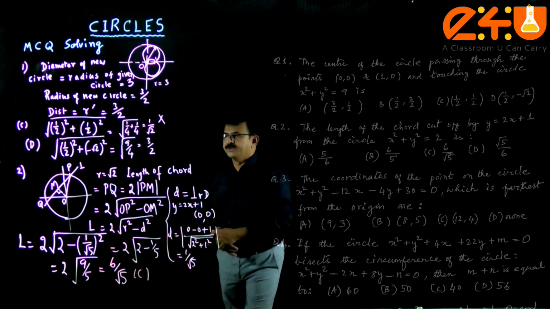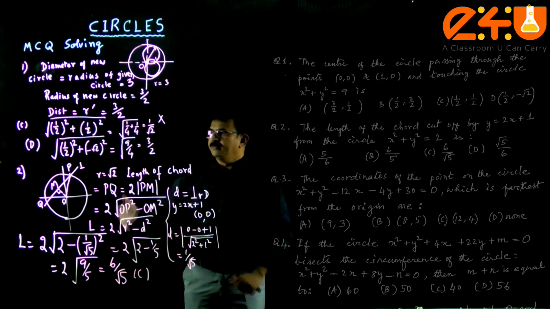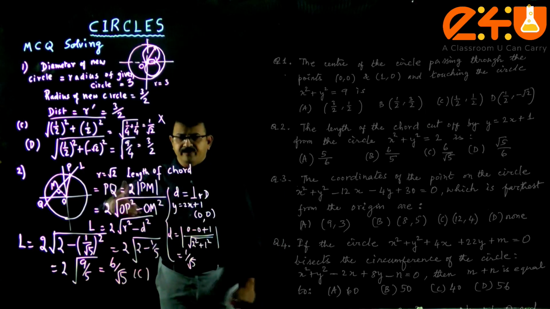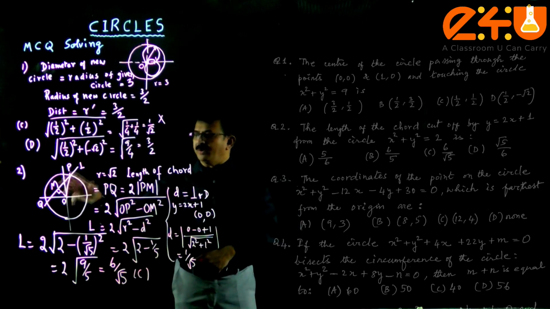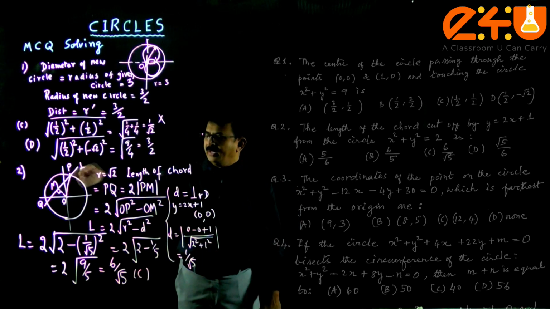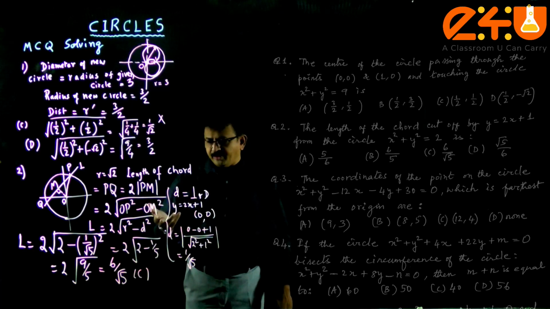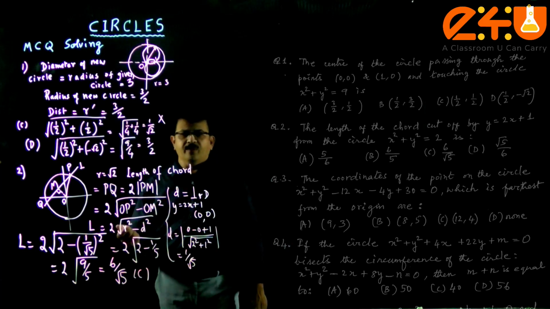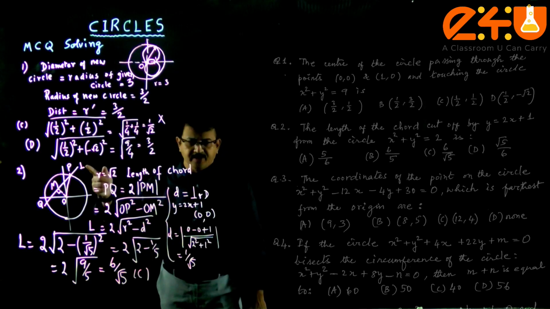All right, so as you can see, the first time you do it, you require the logic, the concept, of how to come up with the length PQ. We understand it is twice the length PM. Length PM is obtained from the Pythagoras theorem. In the Pythagoras theorem, you get the value of the radius from the equation of the circle.